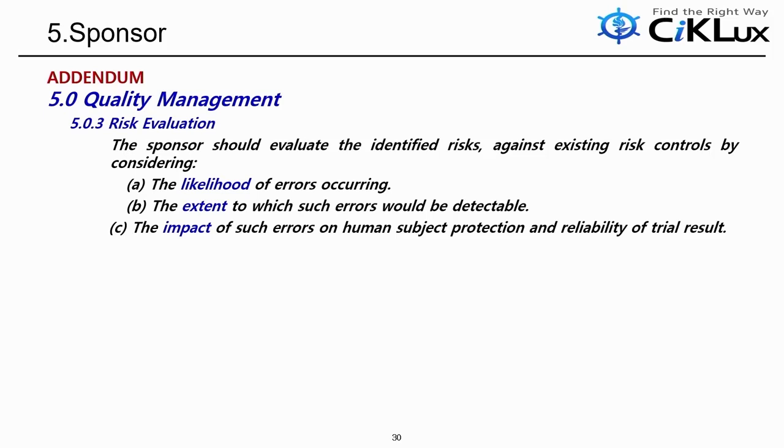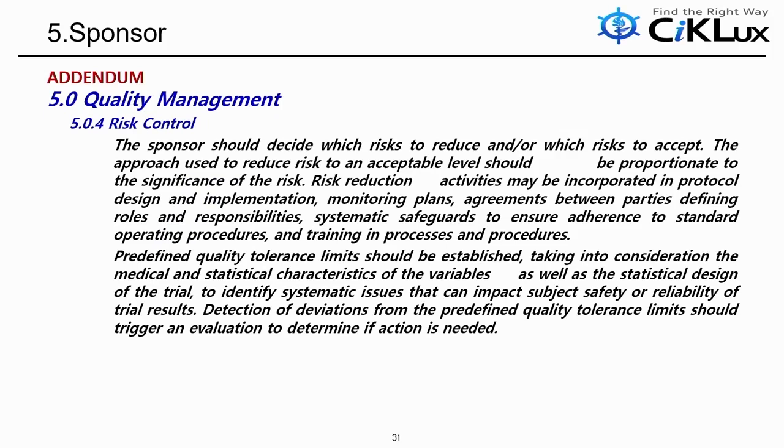So we have the critical processes and data identified, we have identified the risk factors, and we have evaluated them. Then, if the risk factors exist in the clinical trial, we need to be able to control them. It is not always just to reduce risk. It is called risk control. There can be some risks that we just accept when we consider the extent of impact.